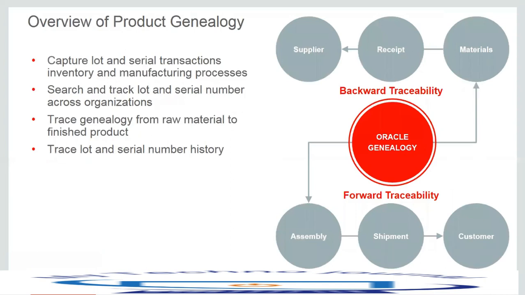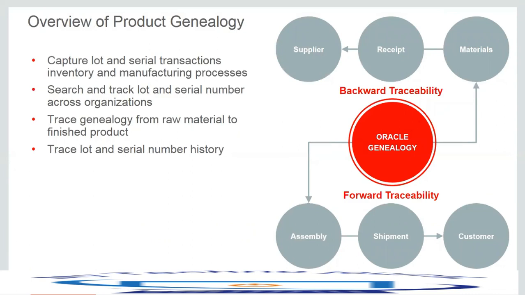And coming to the overview of product genealogy, this particular diagram depicts the concept of product genealogy that includes the backward traceability, that is materials, receipt and supplier, and the forward traceability, which is assembly, shipment and customer.